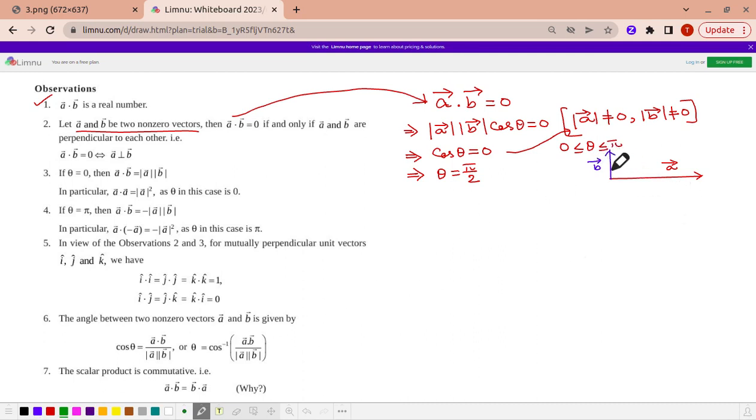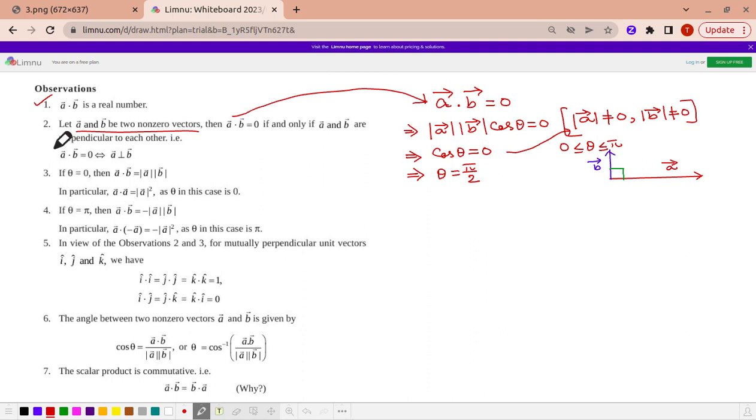Then without much effort we can say that the dot product between these two vectors A and B is equal to 0. And the other way, if you see that A dot B equals 0, you can conclude that A and B are perpendicular to each other. Conversely, if you find that A is perpendicular to B, then you can conclude that A dot B equals 0.